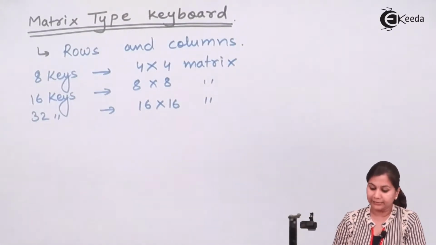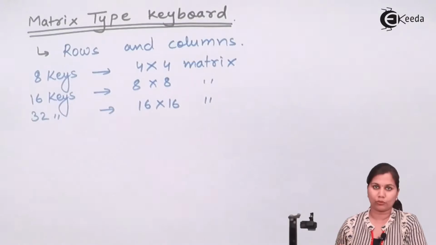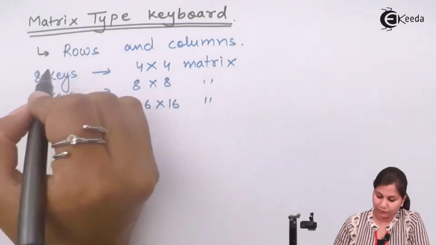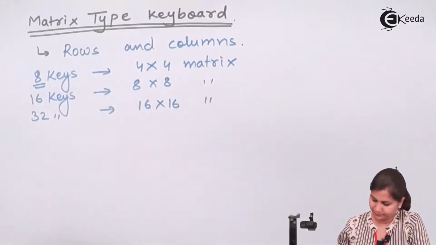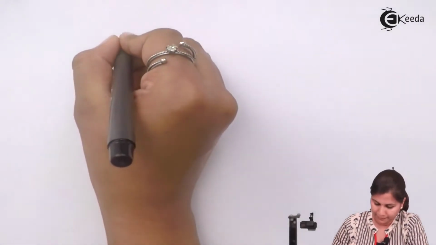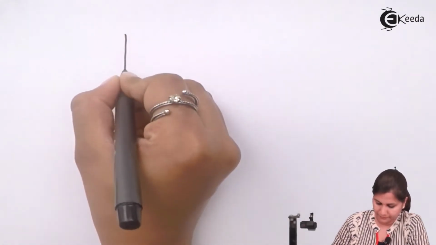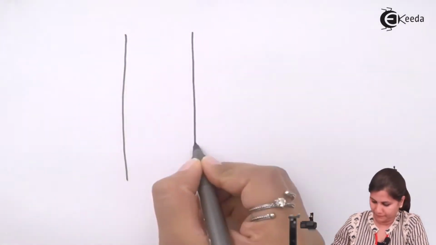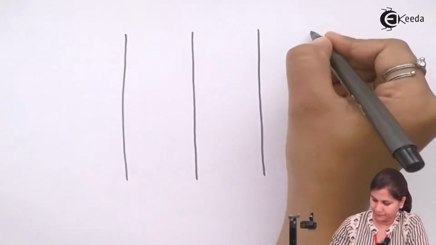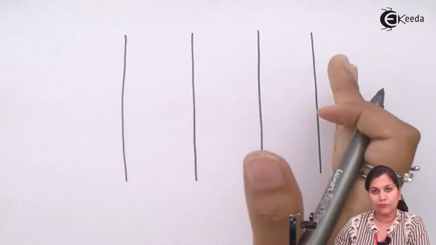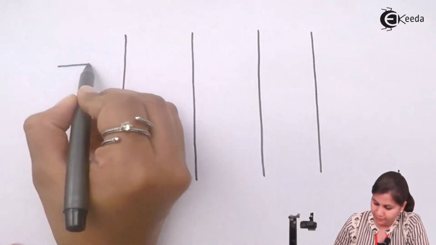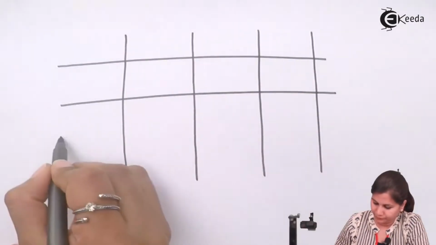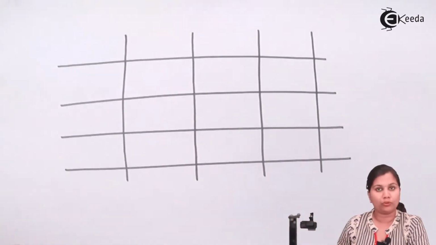In that there will be 4 rows and 4 columns. Let's see how we can implement the 8 keys. There are 4 columns. Now there are 4 rows.